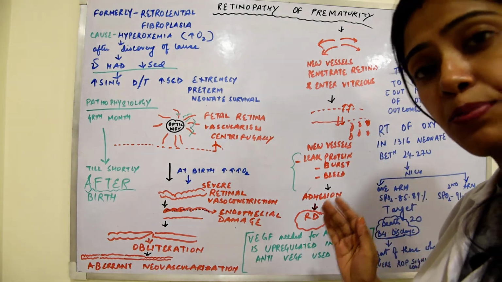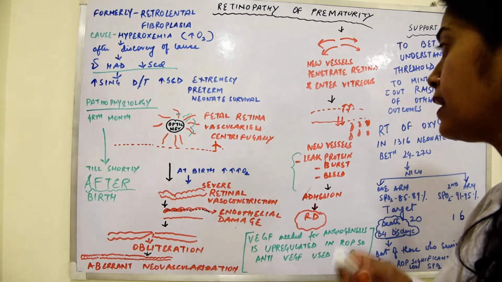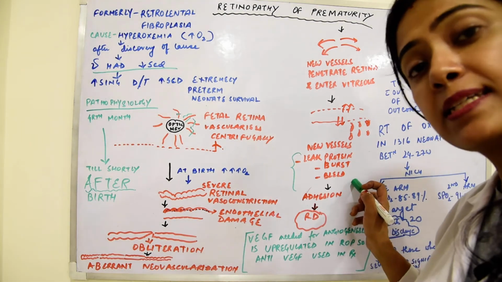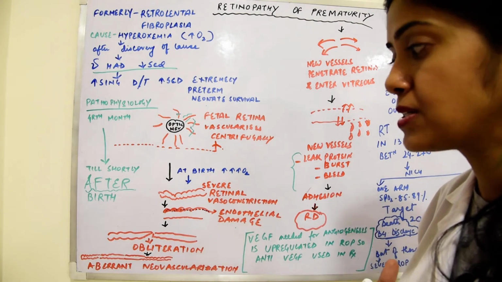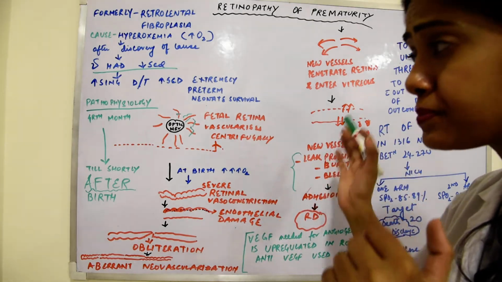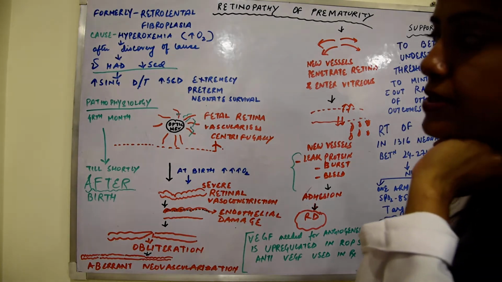Since there is bursting, bleeding and leakage of protein, there is formation of adhesions, and this adhesion leads to retinal detachment. So this is basically the pathophysiology behind retinopathy of prematurity.